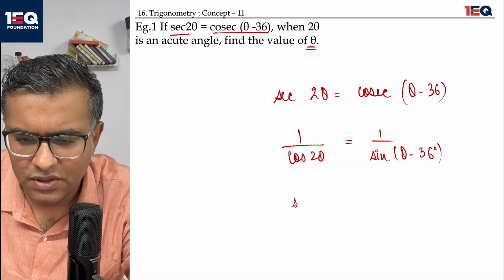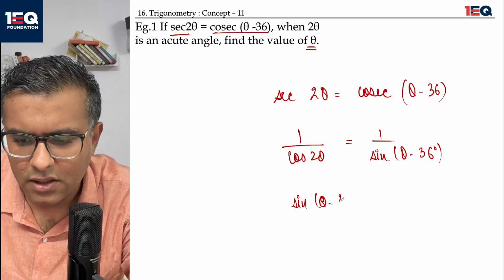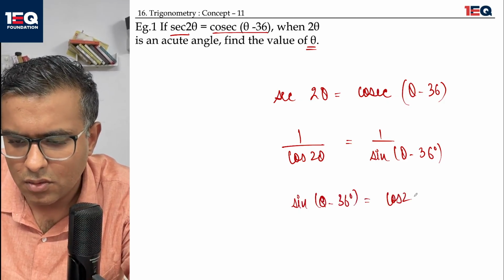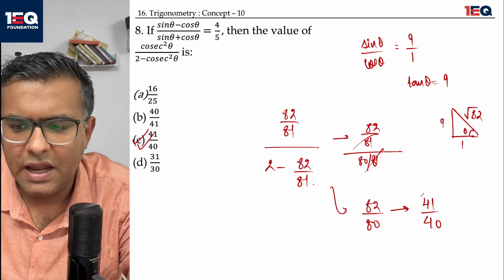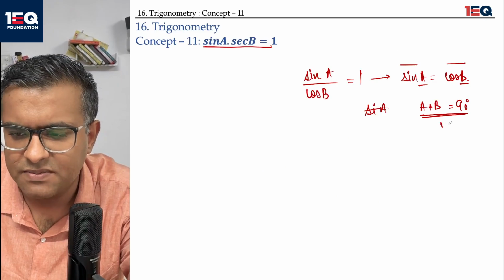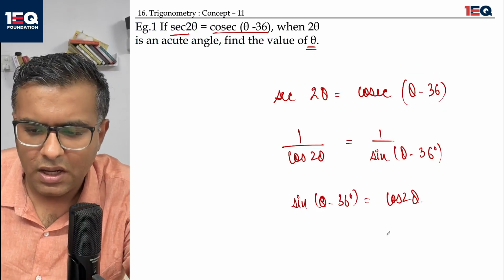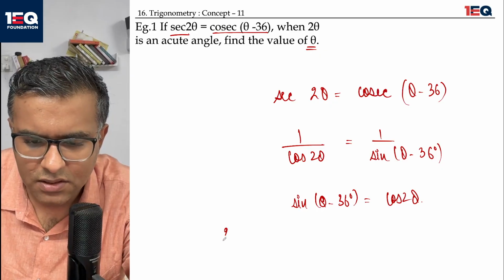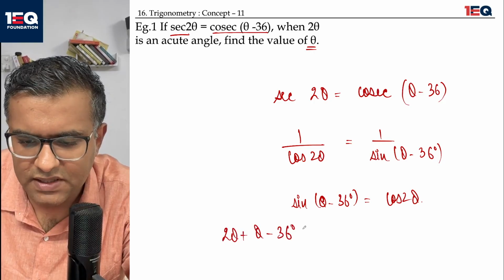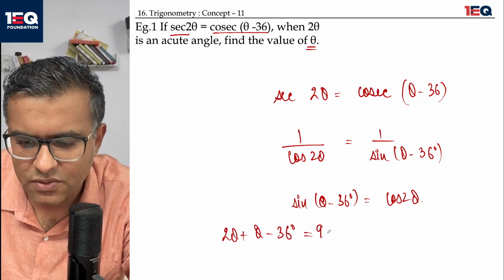Okay. So here I can say that sine theta minus 36 degrees is equal to cos 2 theta. I had seen the same story here. If sine A is equal to cos B, that means A plus B is equal to 90 degrees. I'll use it again here. That means 2 theta plus theta minus 36 degrees is going to be equal to 90 degrees.